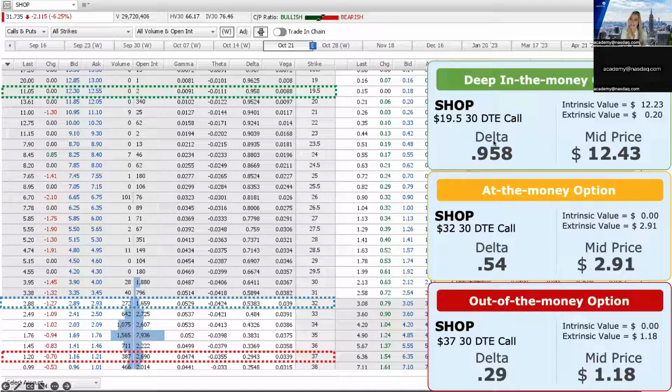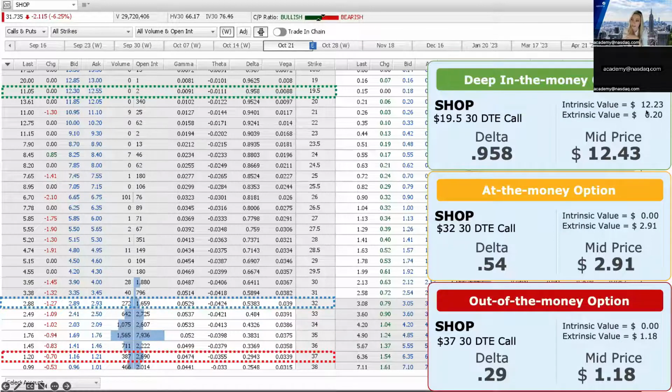Now, if we go into the deep in the money options, this is a 19.5. So the right to buy at 19.5, while this security Shopify is trading at 31.73, has a delta really close to 1. And if we were to go really farther in this option chain and get to the very low strikes, you will find a delta of 1. And you'll notice that this is pricing in very little extrinsic value, and the price is almost fully executable value, because we have the right to buy at 19.5 and sell at 31.73.